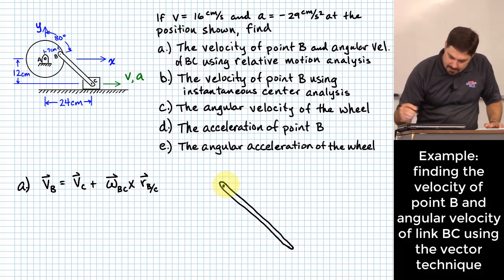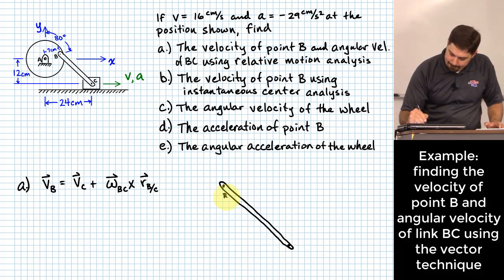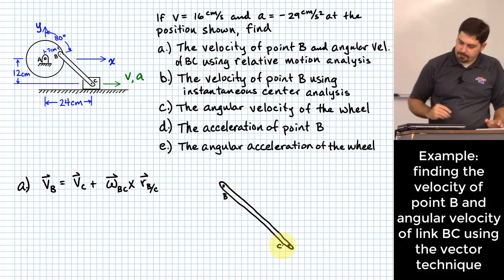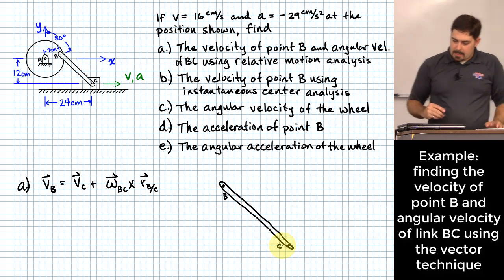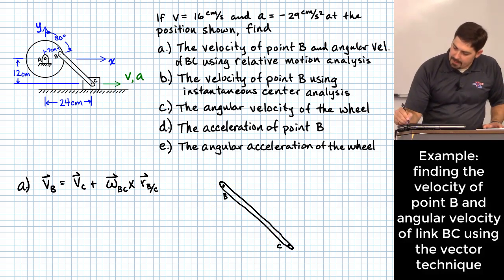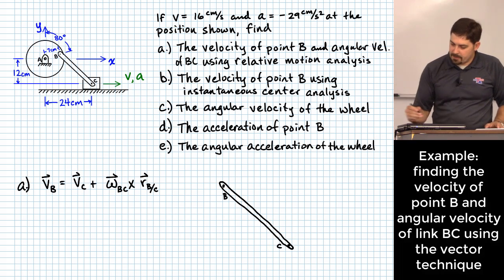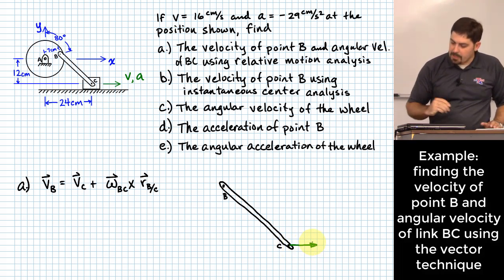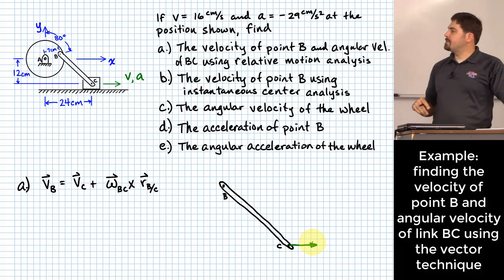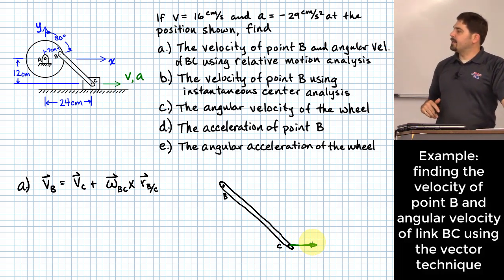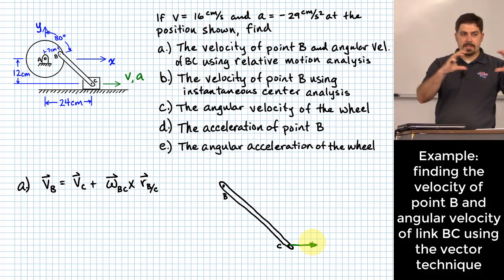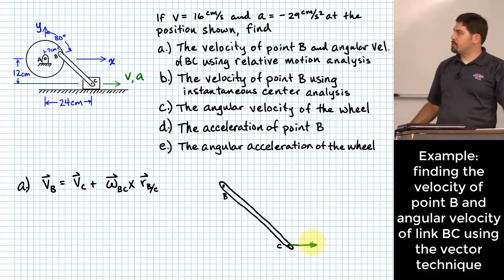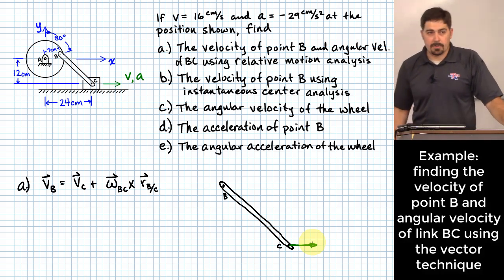So let's say that that's point B, and down here we have point C. The first thing I'll say is that we know the velocity of point C, because point C has to slide against that surface down underneath it. That surface is constraining the motion of point C to be purely horizontal.